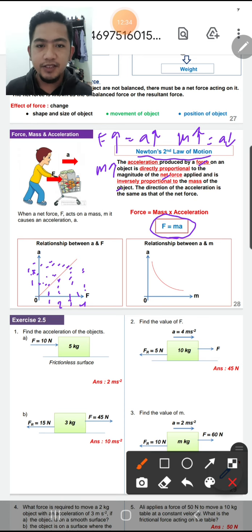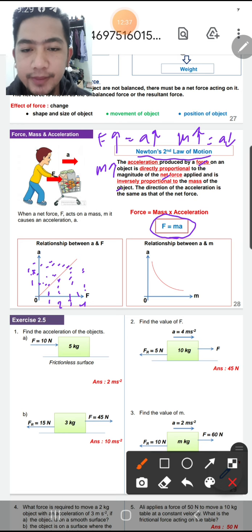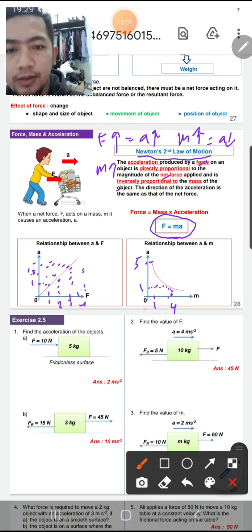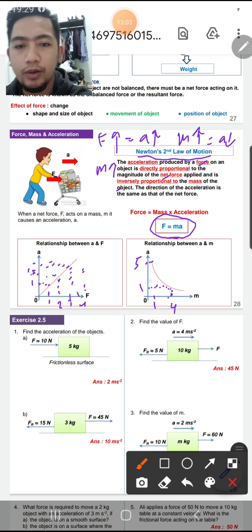So the relationship between A and M is inversely proportional. Kalau itu mass dia, let's say here is 1 kilogram, so dia punya acceleration higher. Let's say here is 5. Kalau itu mass sudah increase, let's say here 4, means dia punya acceleration decrease, 1 point something, 1.5 let's say.